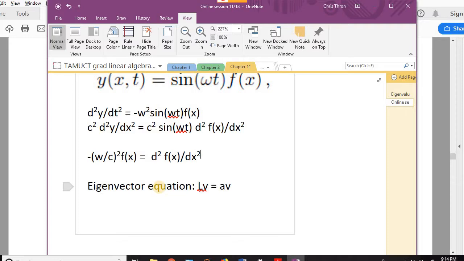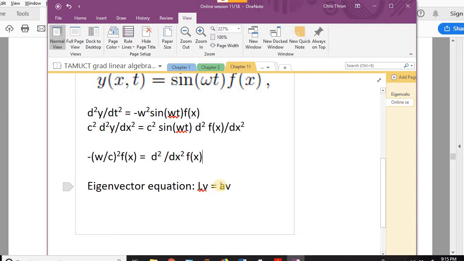And you can write the second derivative of f of x as d squared dx squared v. So what's your L and what's your A? L is an operator. A is a number.